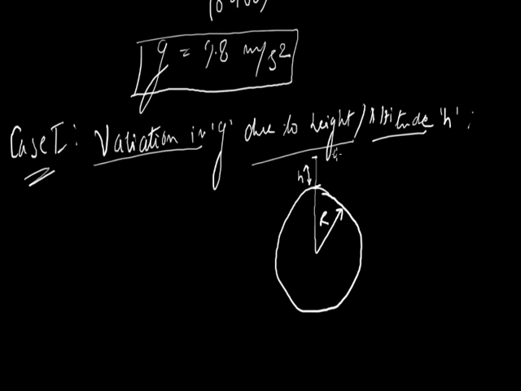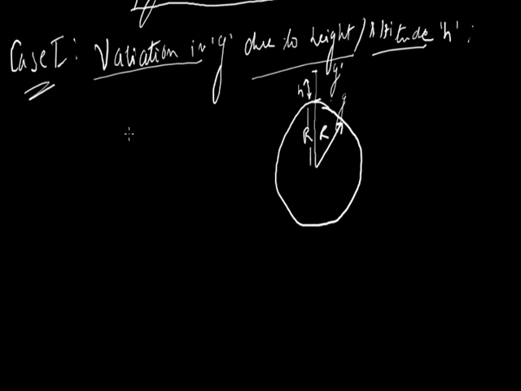At this height, let us suppose we have acceleration due to gravity g dash, and at the surface we have g, where this is the radius of Earth R itself. We already know that the acceleration due to gravity at the Earth's surface is GM upon R squared, which is our equation 1.